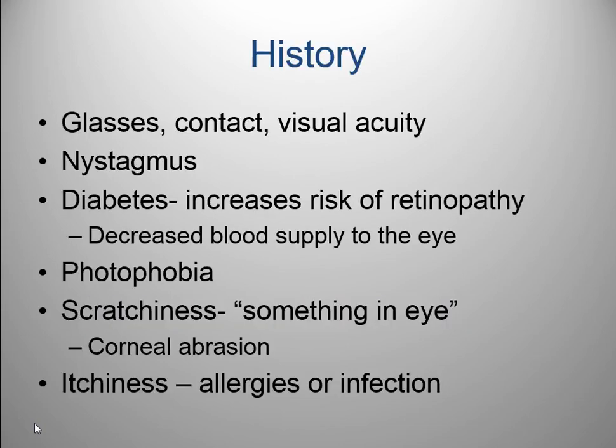So when someone gets injured or they have a concussion, one of the things that we always do is assess their vision. So an assessment of vision, obviously you're going to ask the important questions like, does your patient wear glasses? Do they wear contacts? Have they always had problems with their eyes or not?